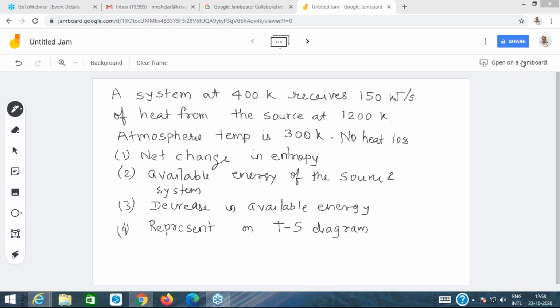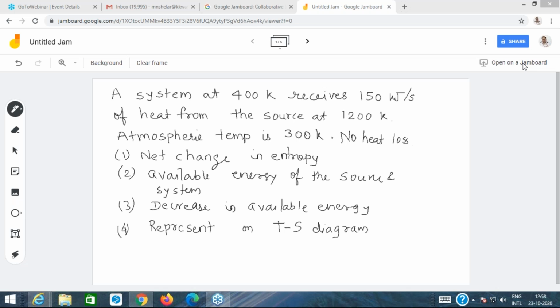See, we need not confuse the heat loss with the reversibility of the heat transfer. Even if the heat loss is zero, the heat transfer could be irreversible. And when is the heat transfer irreversible? The heat transfer is irreversible if the temperature difference between the source and the system is finite.